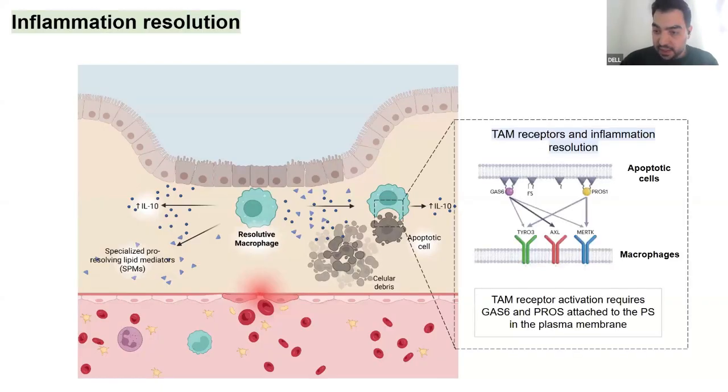And this is after the recognition of the soluble proteins, Gas6 and protein S, which bind the phosphatidylserine-exposing apoptotic cells. Then they are recognized by the TAM family of receptors, which includes TYRO3, AXL, and MERTK, expressed by, for example, macrophages or dendritic cells.